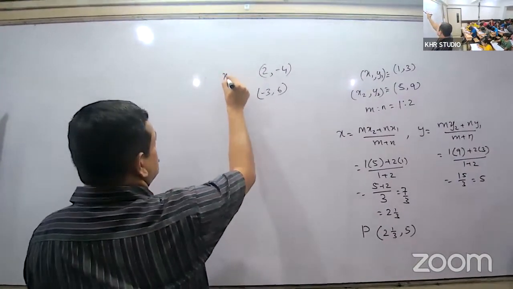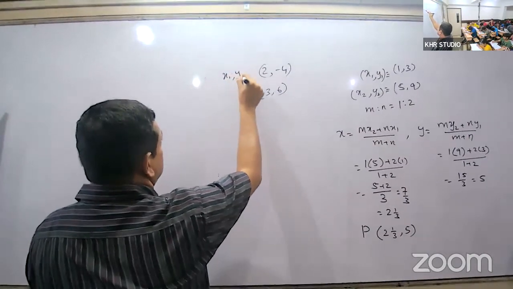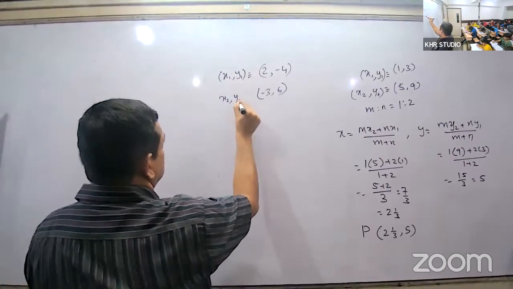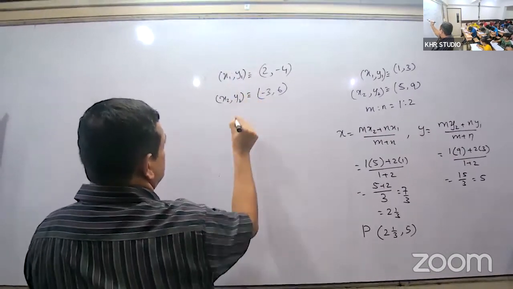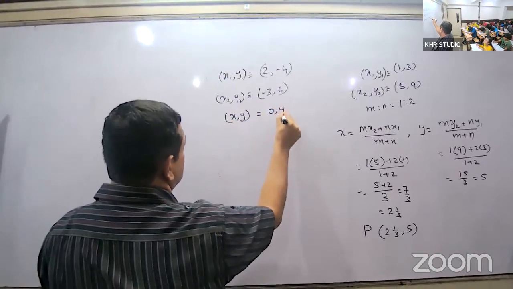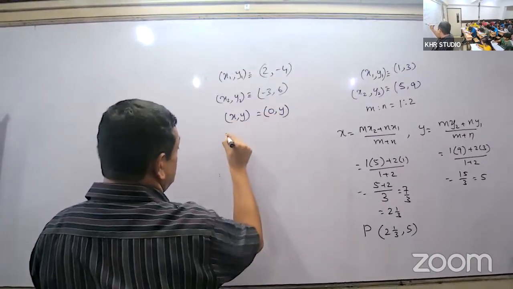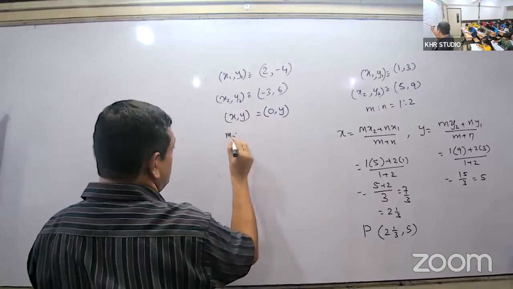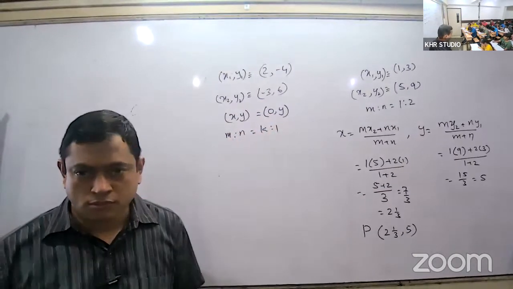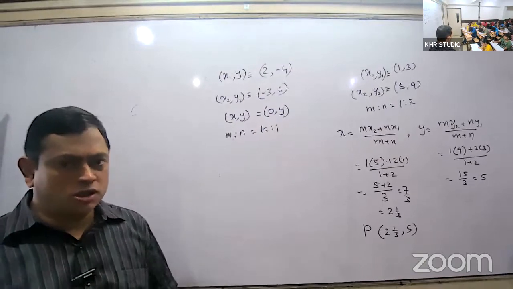Take x1 comma y1 as the first point, x2 y2 as the second, and x comma y is equal to 0 comma y. And m is to n, what ratio? M is to n means K is to 1. That is the ratio they asked to find.